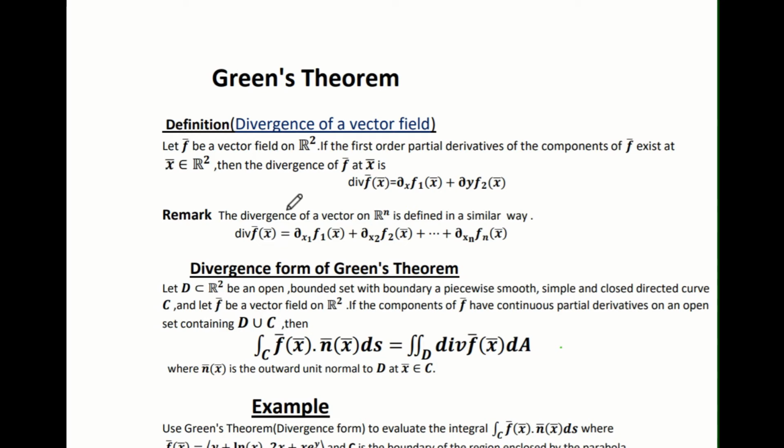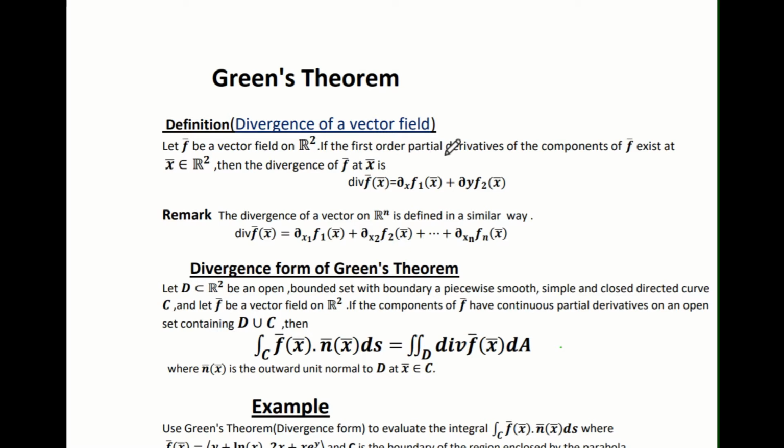So today I'm going to be going through Green's theorem, one of the useful tools in solving line integrals in calculus. With that said, I'm just going to be quickly going through the definition of the divergence of a vector field. So let F bar be a vector field on R2.